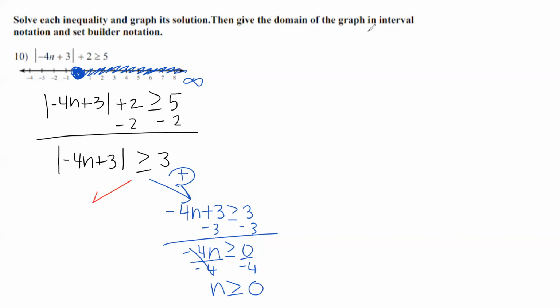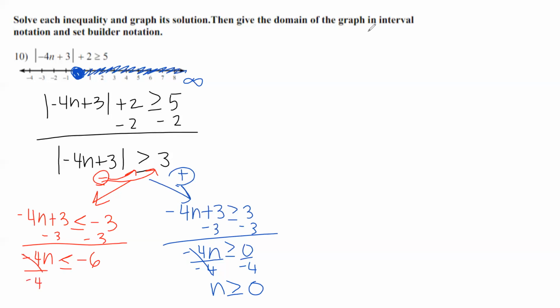I also want to solve for the negative side. So -4n plus 3 is less than or equal to -3. Remember, we have to flip the sign and change it from positive to negative. We're going to subtract 3 still from both sides. We have -4n is less than or equal to -6.